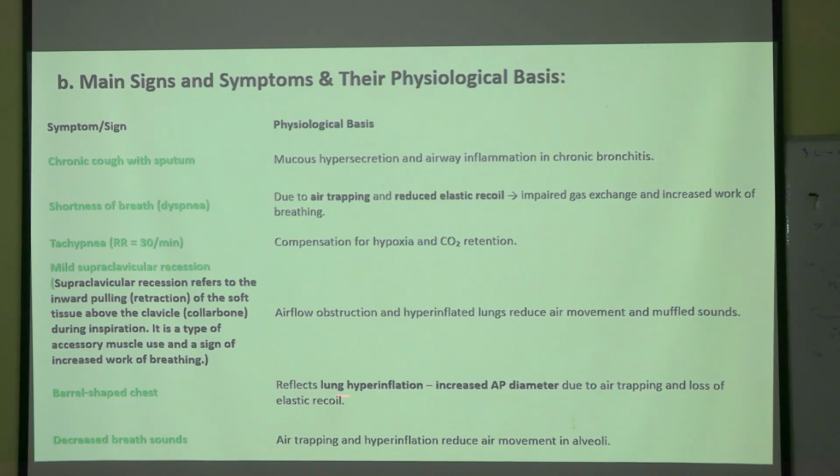So lung hyperinflation may occur that causes changes in the chest shape. So mainly there are changes in the anterior posterior diameter of the chest, right? And it is due to the air trapping, and it is also due to the reduced elastic recoil of lung tissue, right?